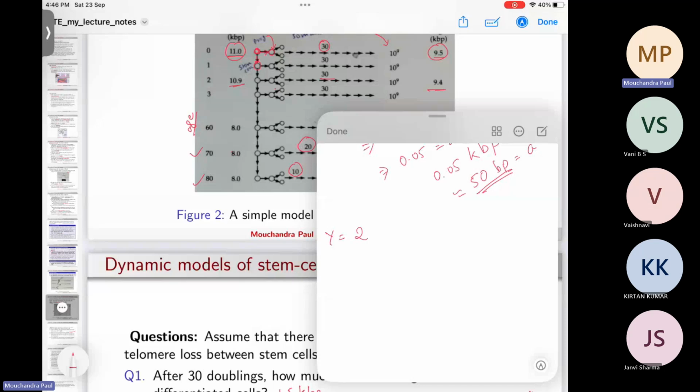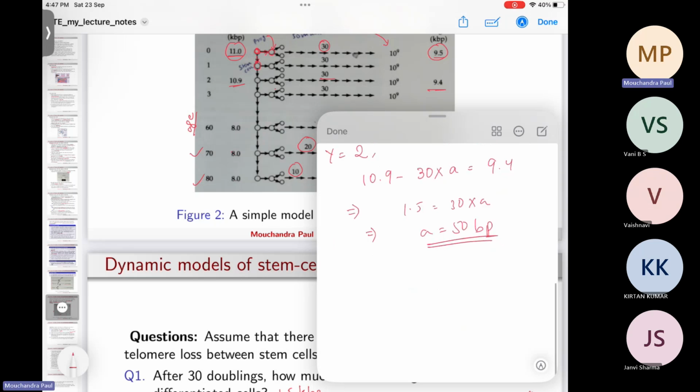So for year 2, 10.9 minus 30 into a is equal to 9.4. You can simply write 1.5 is equal to 30 into a. So a is basically 50 base pairs. So per doubling, 50 base pair loss is there.